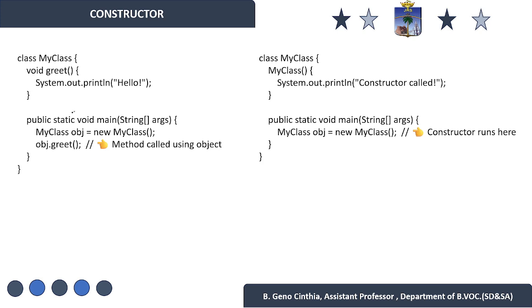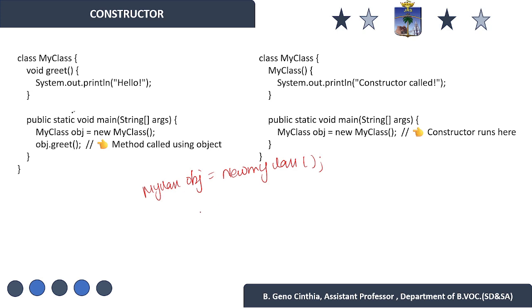Public static void main, String args. For the above class, I'm creating an object: MyClass obj is equal to new MyClass. This is the syntax for creating an object.